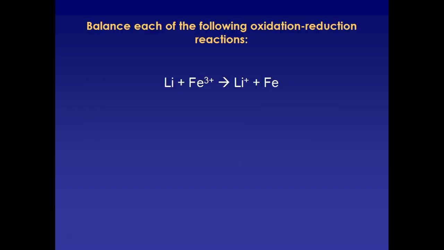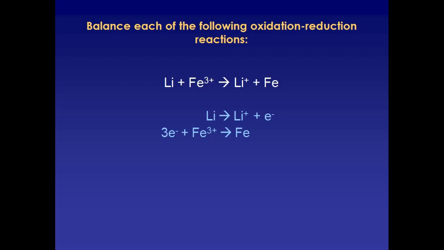So this was not one of the reactions you did, but if you had a combination of lithium and iron, you could balance this equation by writing half reactions for each component. In this particular one, lithium formed lithium plus ions, and so in order for that to happen, it had to lose an electron, while iron went from being Fe 3+ to iron, so it had to gain 3 electrons.